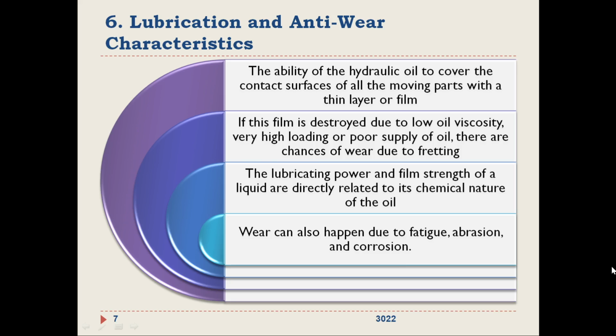In order to avoid friction or wear, we should cover the surfaces with a thin layer of oil. That is a property inbuilt with a good hydraulic oil. You don't need a separate lubrication oil. Hydraulic oil itself will provide good lubrication, or acts as a lubricant.